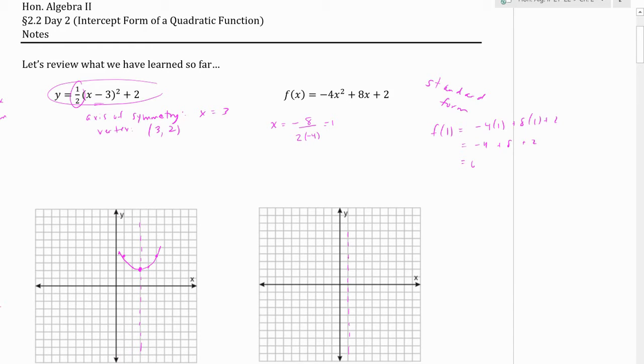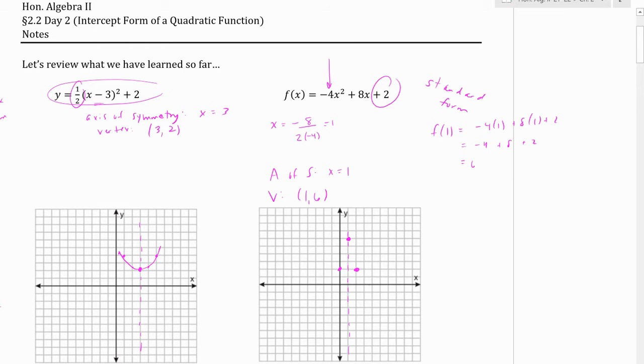So 1, 2, 3, 4, 5, 6. So I've got an axis of symmetry at x equals 1, a vertex at 1, 6. Ooh, I have a y-intercept at 2. Got a vertical stretch of 4, and it was reflected over the x-axis, so it's going upside down.